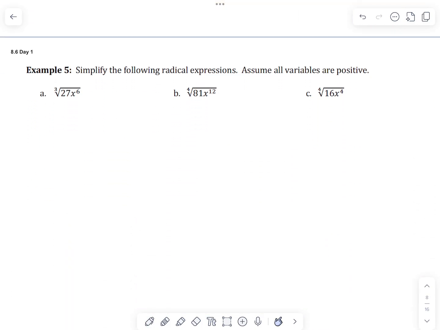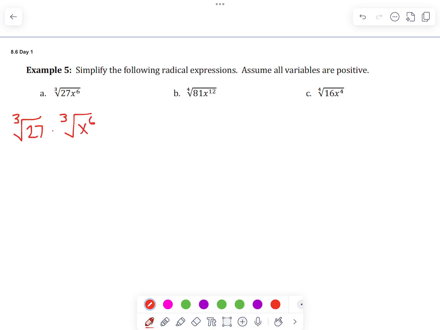Simplify the following radicals. So we have the cube root of 27, x to the 6th. So our index is 3, so I'm going to separate out 27 into its own radical, and then x to the 6th power as its second radical. And now we're looking for the cube root of 27, so I'm just going to rewrite that as 3 cubed.